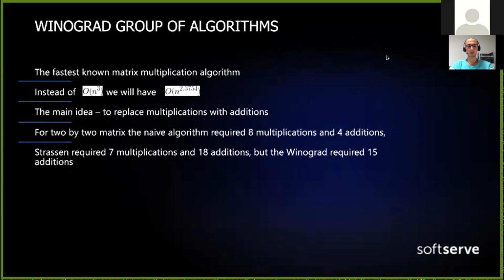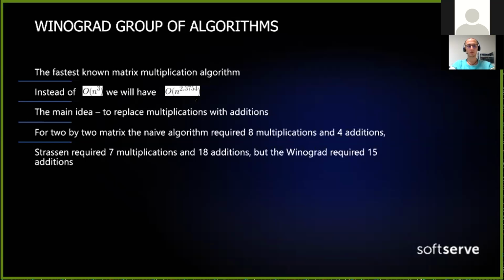And maybe the best approach for now is the Vinogradov group of algorithms. The very first iteration of this algorithm is called the Strassen algorithm, but Vinogradov is the person who accelerated matrix multiplication from n cubed to n to the power of 2.3.